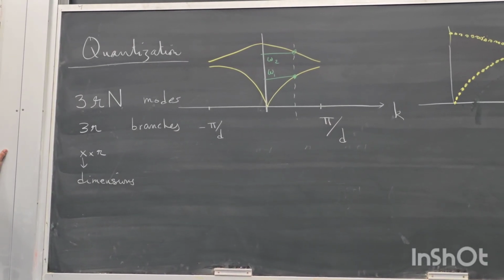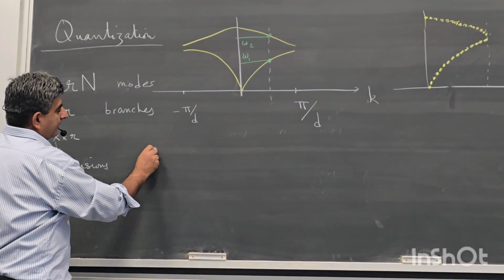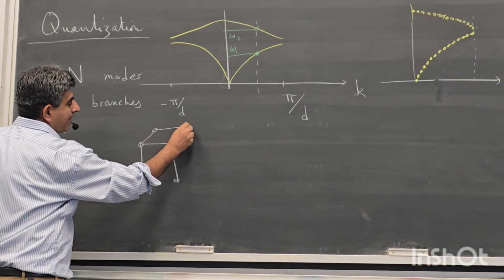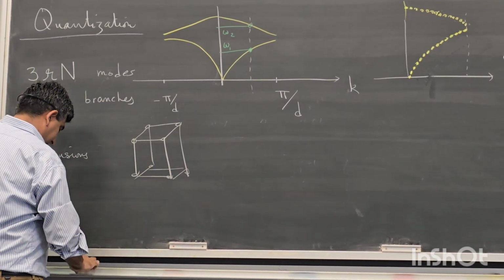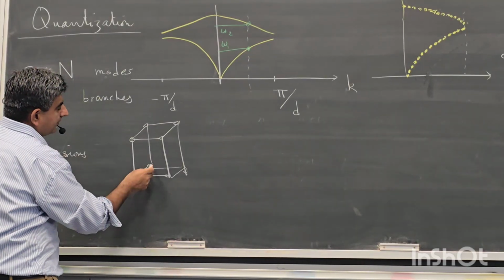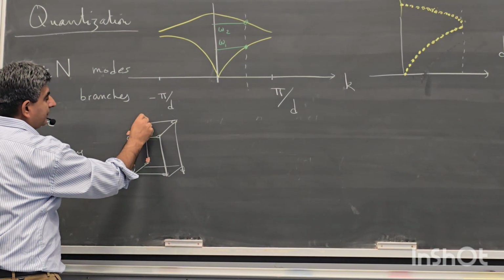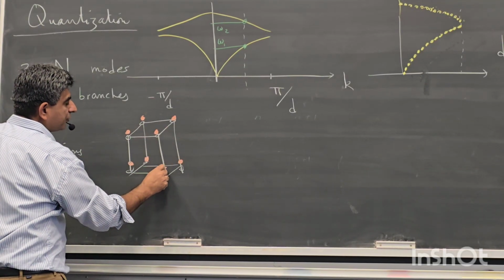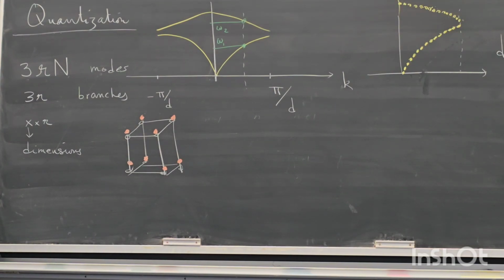Okay, for the monoatomic system, if I take a cubic lattice, a simple cubic lattice, and there is only one atom in the basis, which these atoms I'm showing in this pink color, there will be 3 into 1, 3 branches.